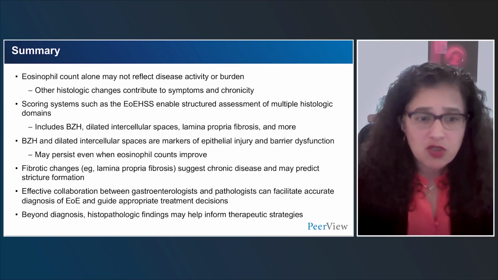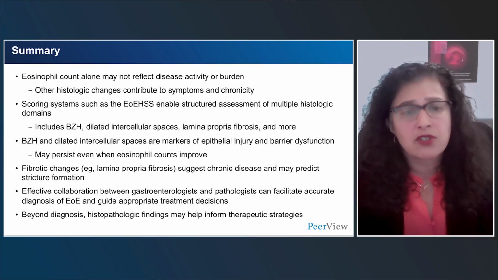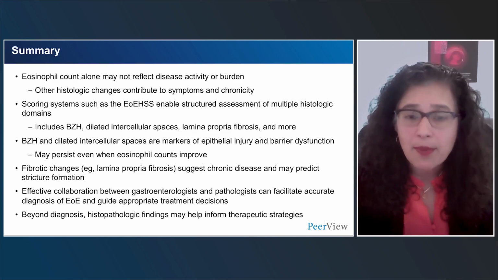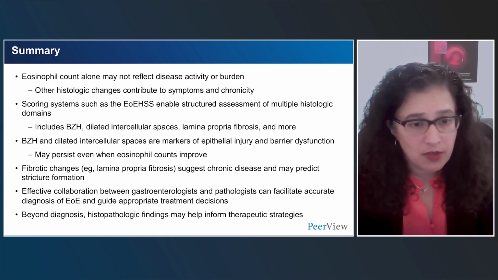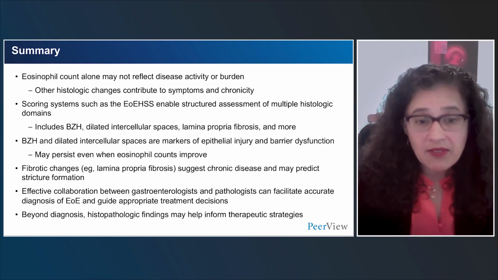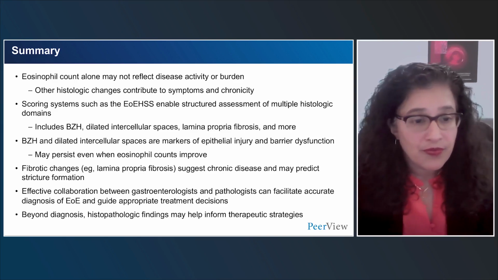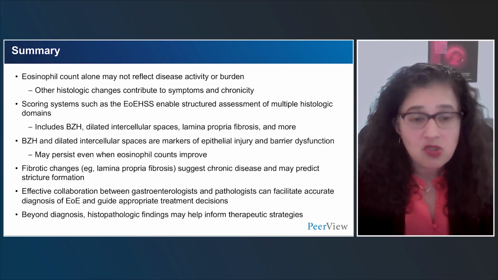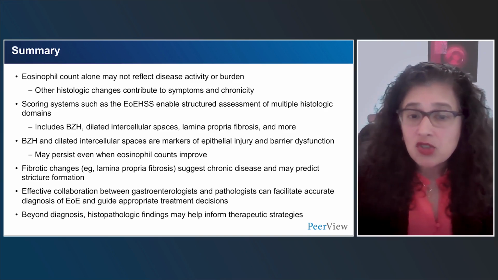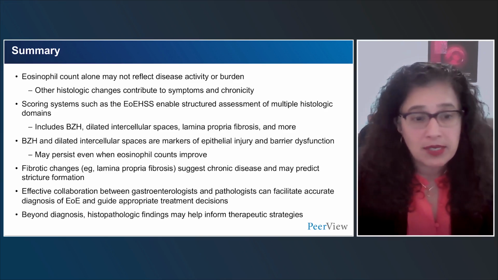Basal zone hyperplasia and dilated intercellular spaces are markers of epithelial injury and barrier dysfunction, and this may persist even when eosinophil counts improve. Fibrotic changes, such as lamina propria fibrosis, suggest chronic disease and may predict stricture formation.